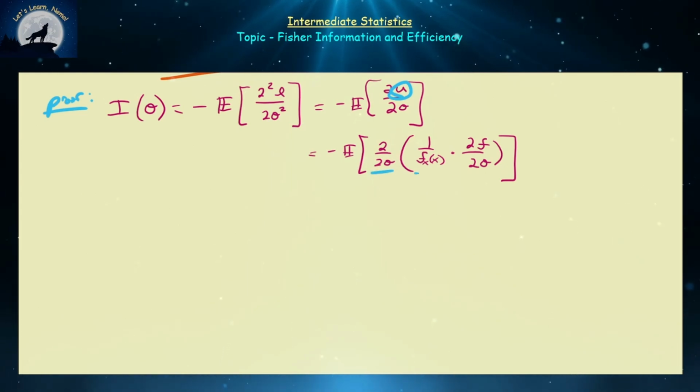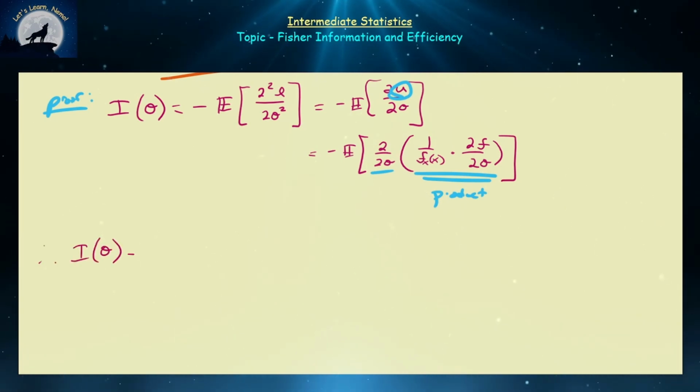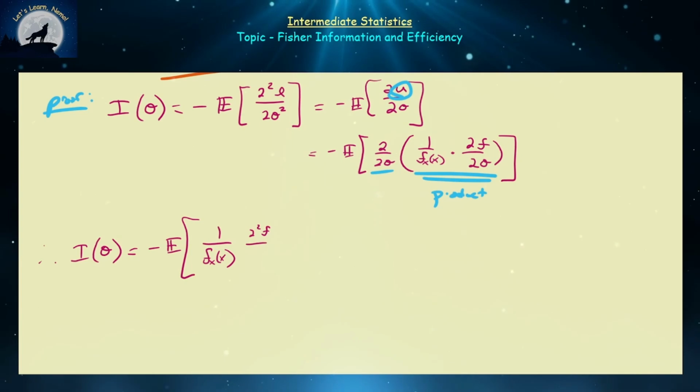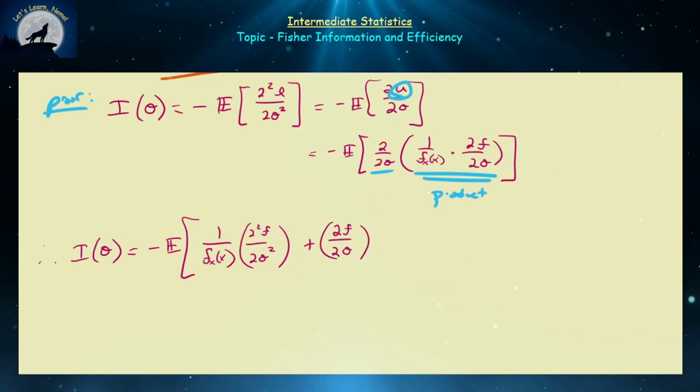So how do we do the derivative of this particular thing? Well, that's obviously going to be a product rule. And that's going to be equal to, so let's write this again, so I theta, so we can have a little bit more room. So the negative expectation of, all right, product rule time. So first times the derivative of the second. So that's going to be partial squared f, partial theta squared. So first times the derivative of the second plus the second times the derivative of the first.